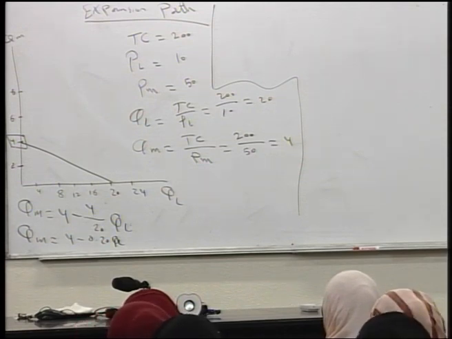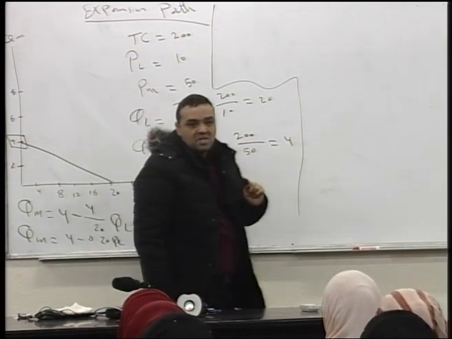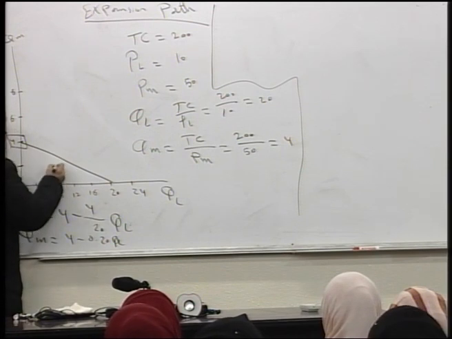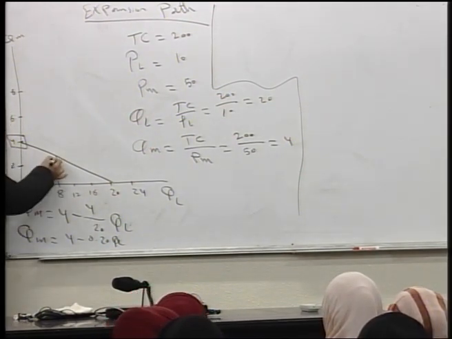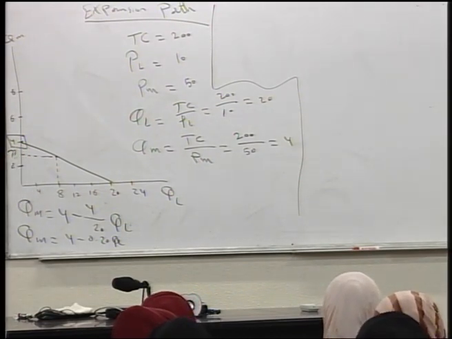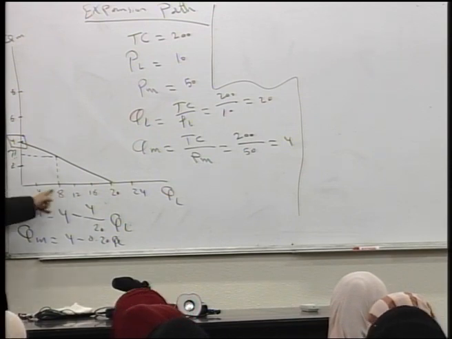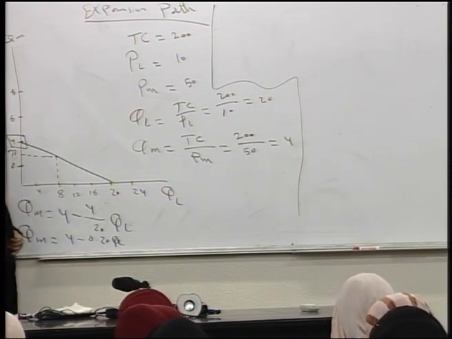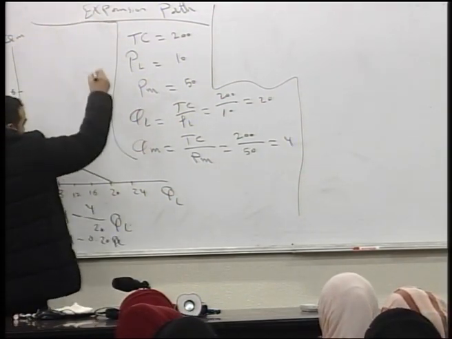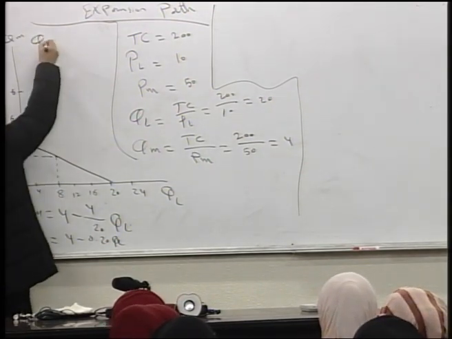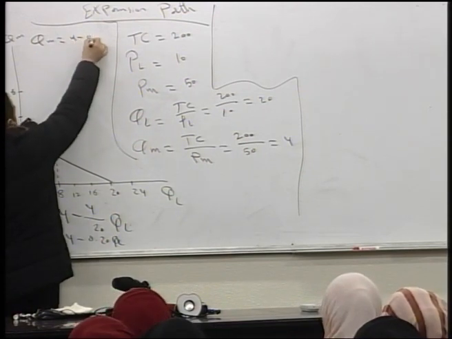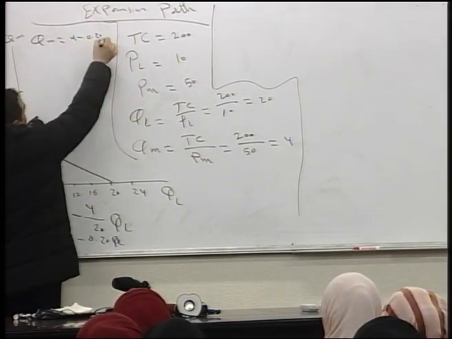Now, we will suppose that the producer equilibrium occurs when QL equals 8 units. How many machines should we buy? If the producer equilibrium occurs at QL equals 8, how much is the quantity of machines? So we have to use the formula here. QM equals 4 minus 0.20 QL.